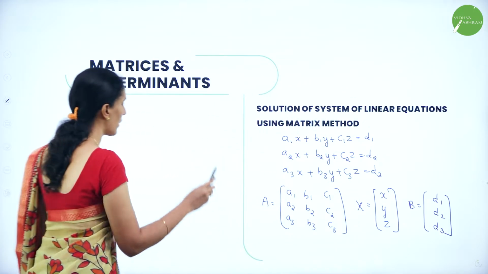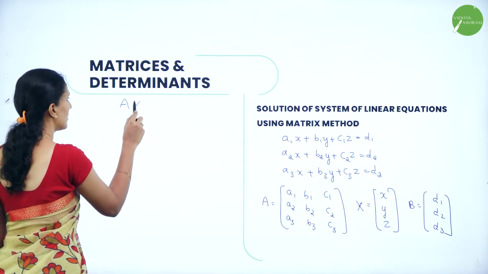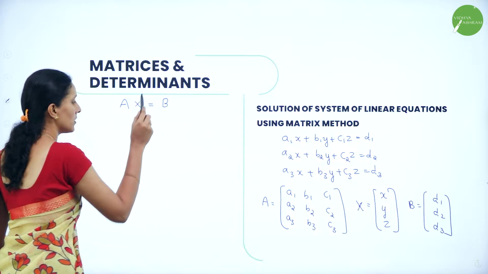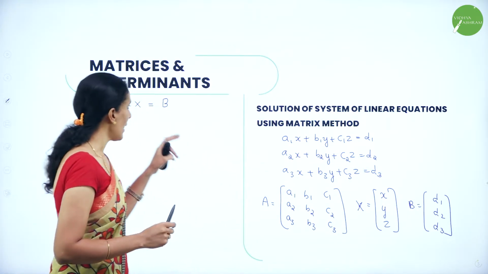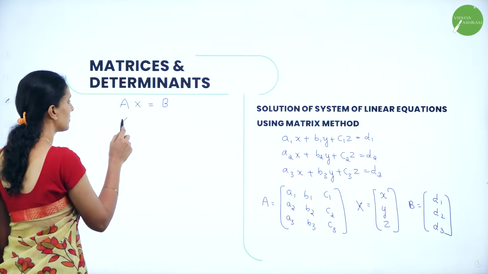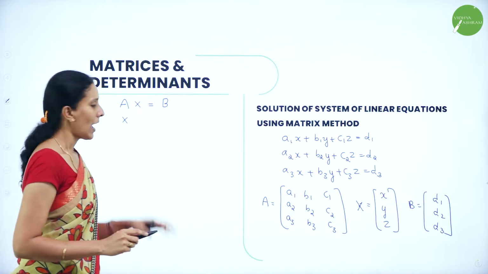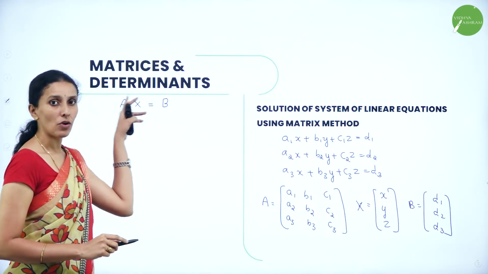So clearly you can observe AX is equal to B. But here I need to find out X. So to find X, I will multiply A inverse on both sides.